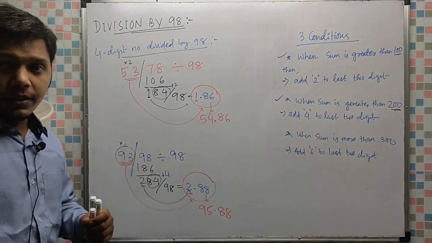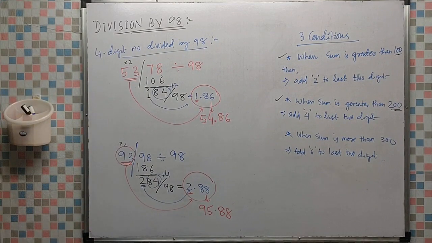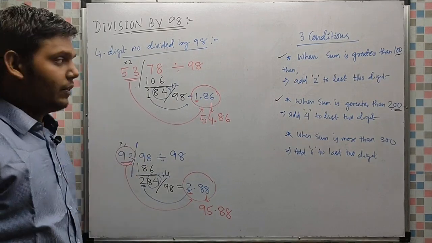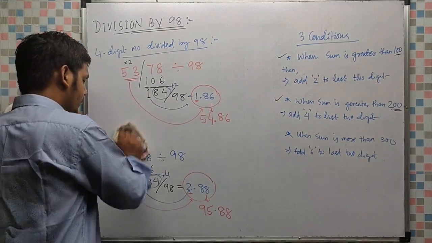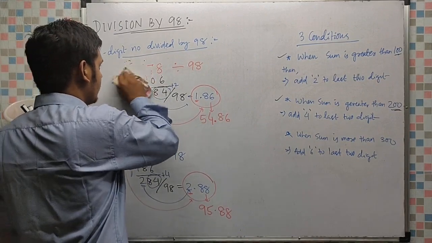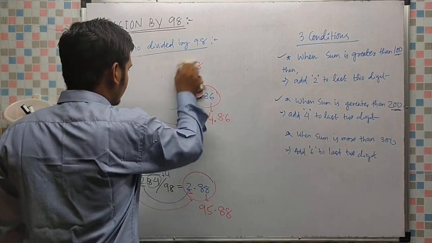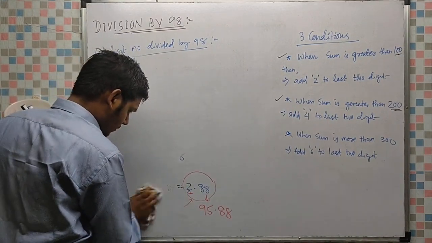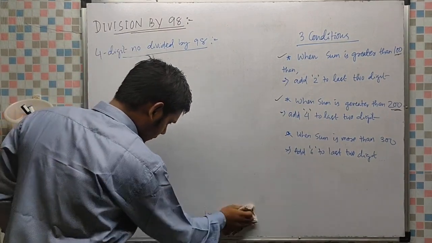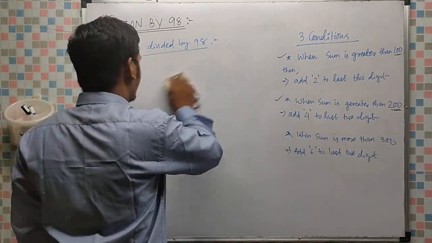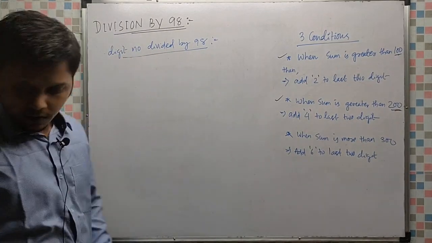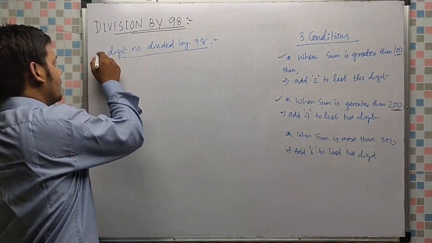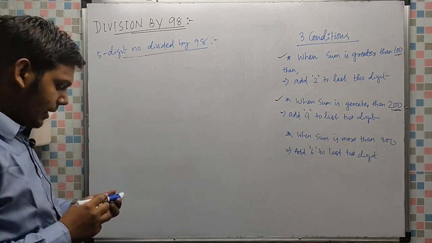Now we go to 5 digit number. What happened? You can take the screenshot also. What happened when a 5 digit number is divided by 98?